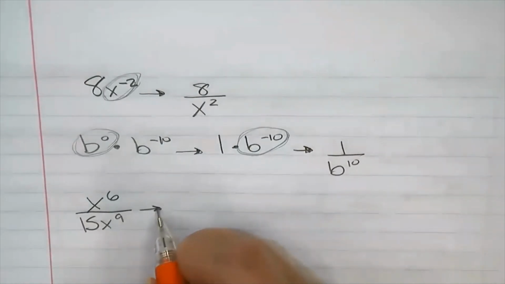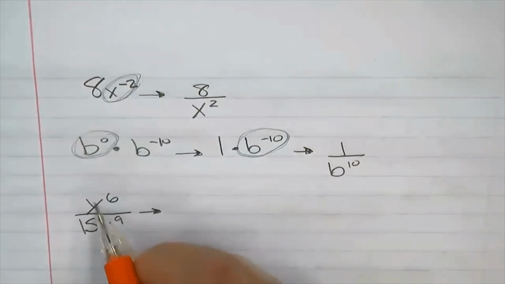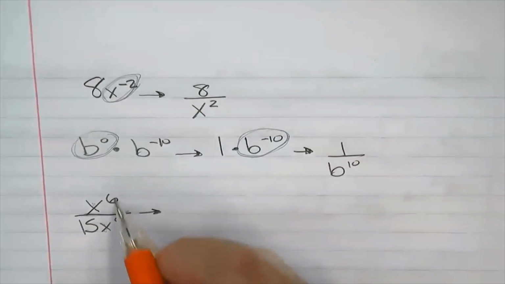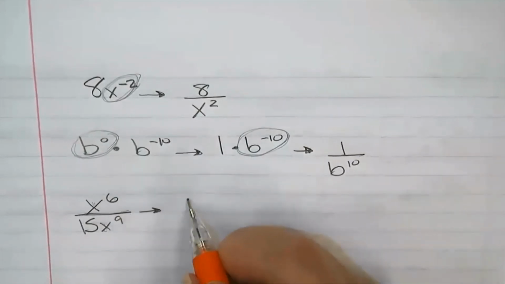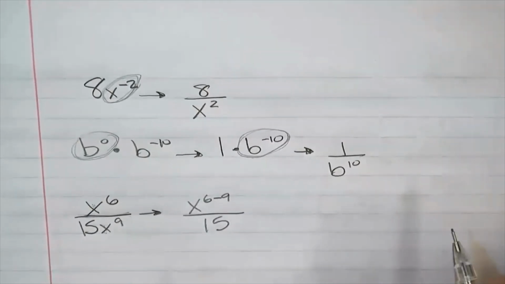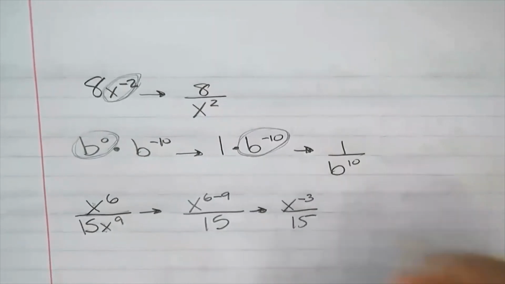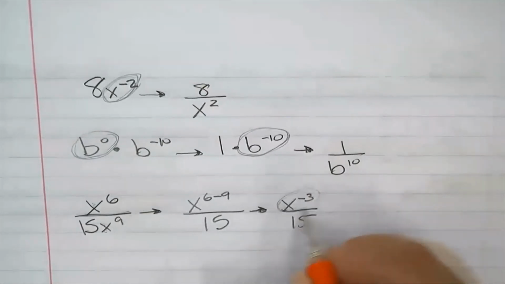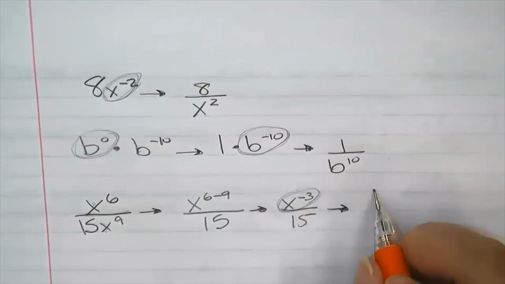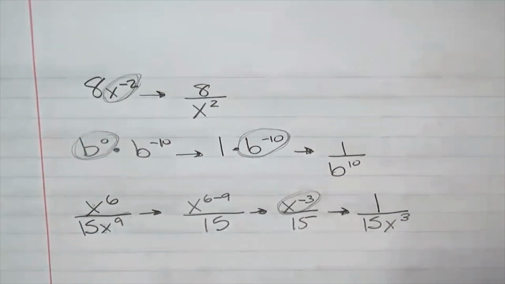So I'm going to take what we learned yesterday. This is division of the same base, so I'm going to subtract those exponents. So this is x to the 6th minus 9 over 15, which gives me x to the negative 3 over 15. Since this is a negative exponent, it belongs in the denominator. So I have 1 over 15 times x to the 3rd.